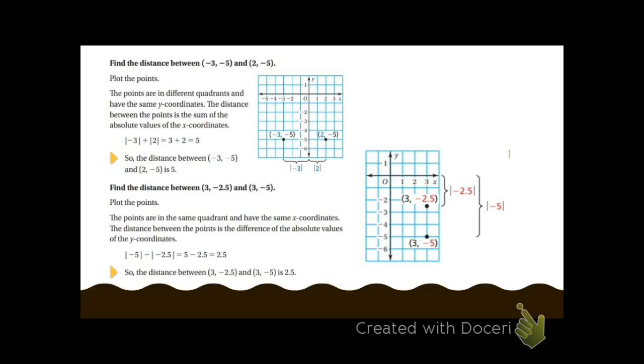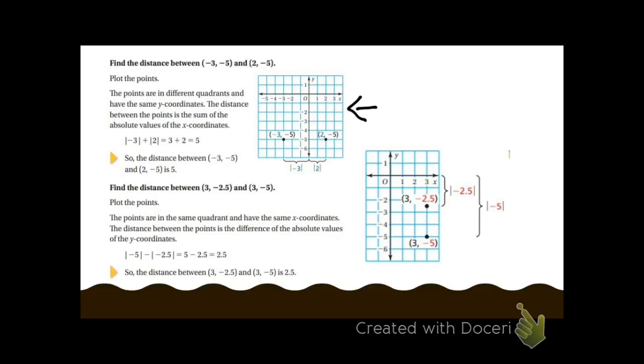All right, let's go ahead and look at a couple more examples that they've given us. They've said find the distance between -3, -5, and 2, -5. And you don't have to have the picture, but you can. Sometimes the picture and using the coordinate plane is very helpful. It gives you a way to look at it.